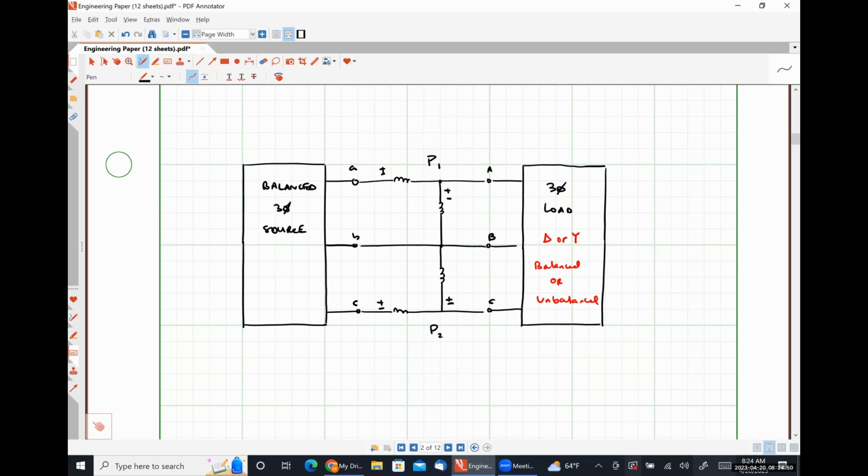So I'm going to identify a couple of things here while we're at it. Our current coil for our top wattmeter is experiencing the line current IAA, and it's also seeing the line to line measured voltage VAB.